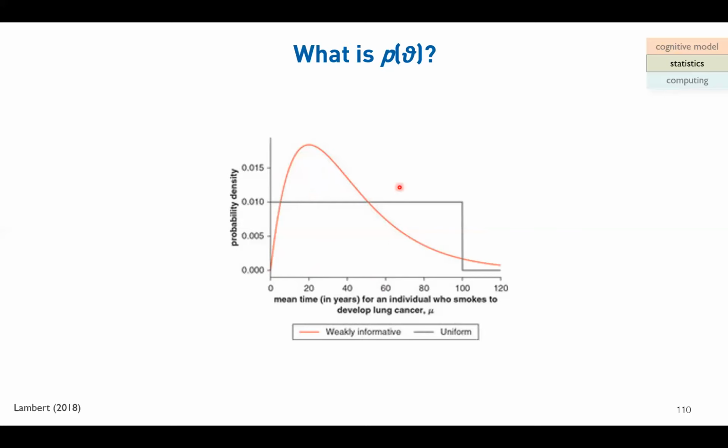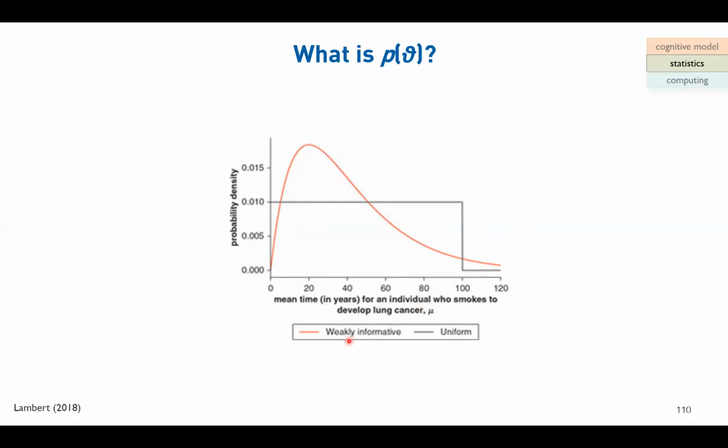So it's more likely that the time to develop lung cancer is between 0 and 60, and the chance to develop lung cancer after 60 years is a little bit less, okay? This is informative because it has a slightly stronger preference here relative to here. So this is the informative part.